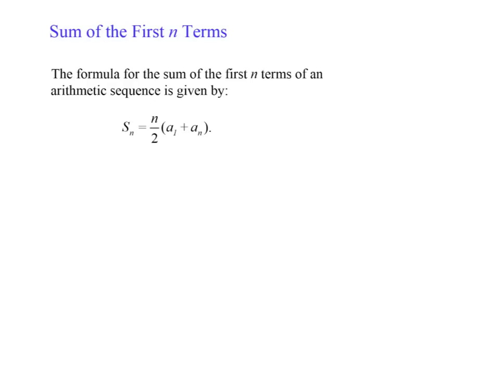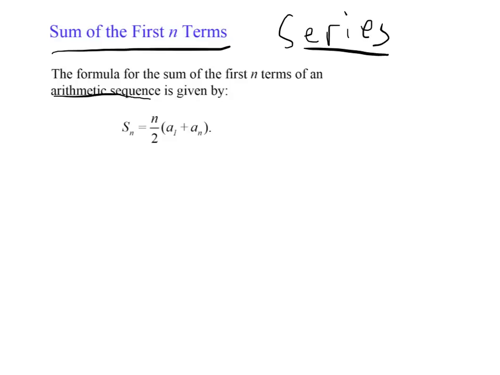So, how do you find the sum of the first n terms? Another name for this is a series. This is an arithmetic series because I've got an arithmetic sequence, and I'm trying to add up all the terms in this arithmetic sequence, and they'll tell us how many to do.